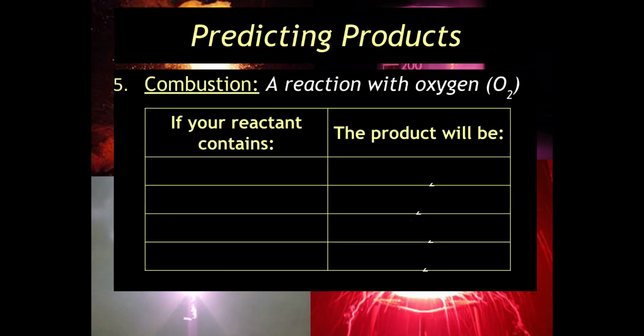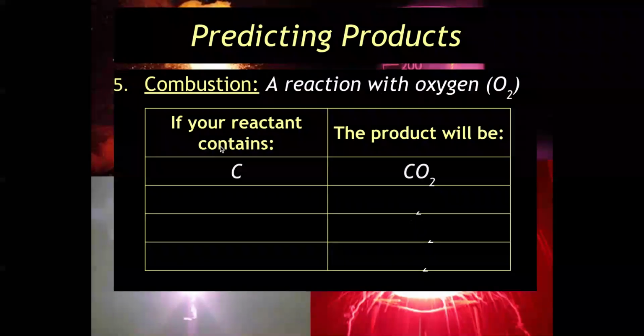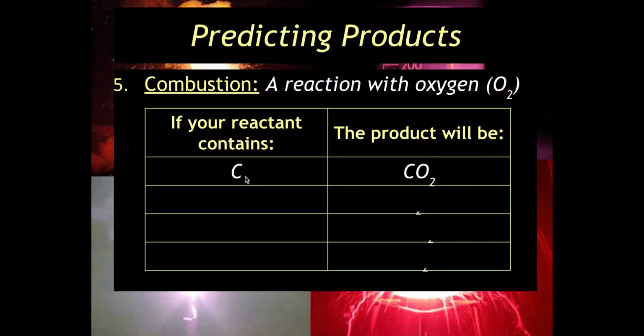Now let's talk about combustion reactions. Combustion reactions are reactions with oxygen. So you're going to have O2 as one of the reactants. And if one of your reactants contains C, carbon, then the product will be CO2, carbon dioxide.